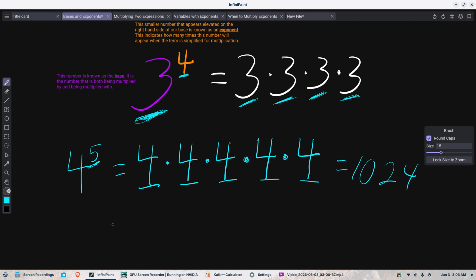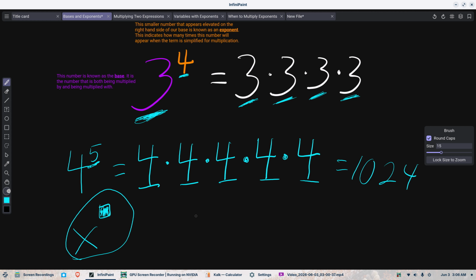Now, depending on what kind of calculator you are using, it may look a little different. I have another calculator that has the exponent look something like this. So you would see an X, and you would see a little square here. And the first thing you would do is type in the number that you wanted, and then hit this button, and then it would create this little box here for you to insert the exponent.